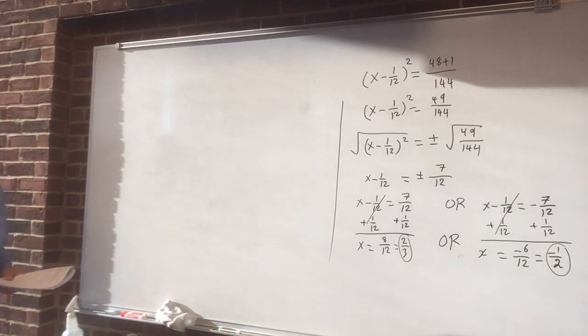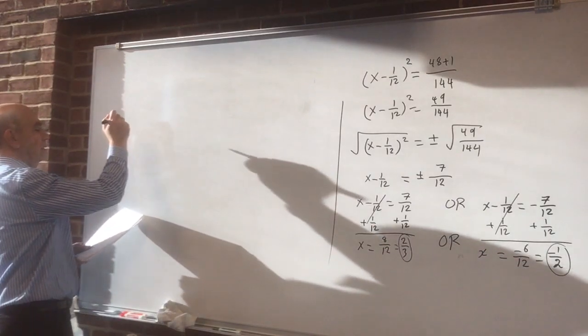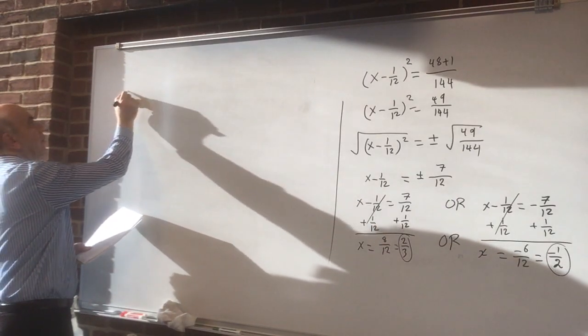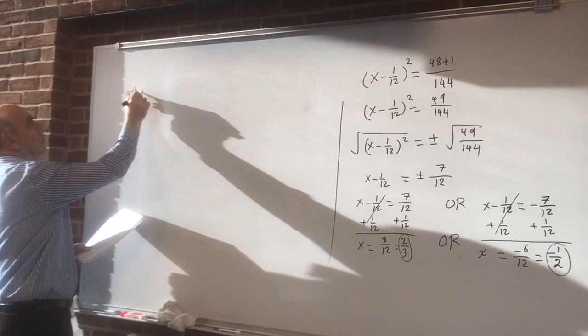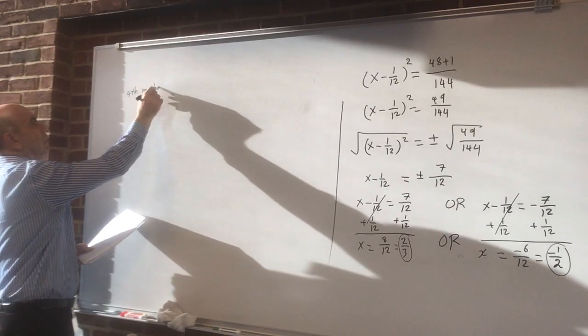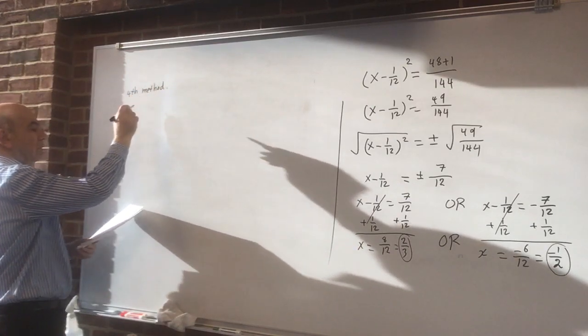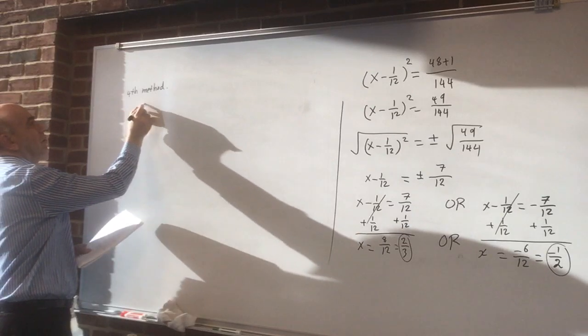Another method to solve a quadratic equation is called the quadratic formula. So this is the fourth method, which is called the quadratic formula.